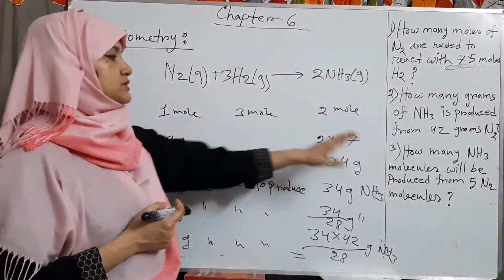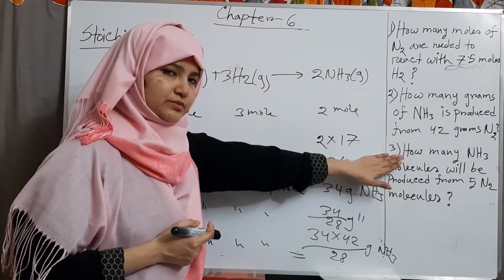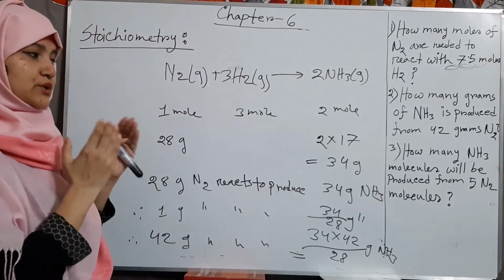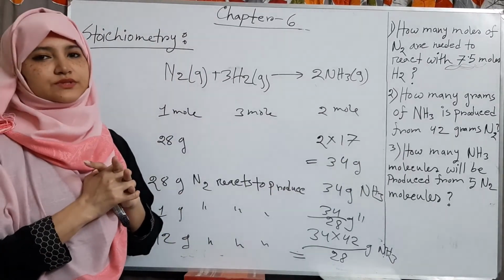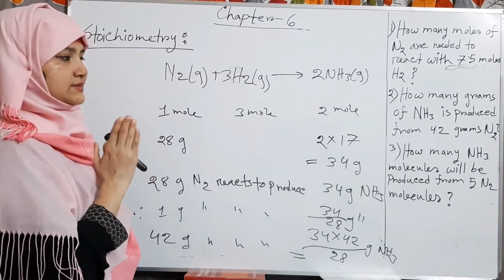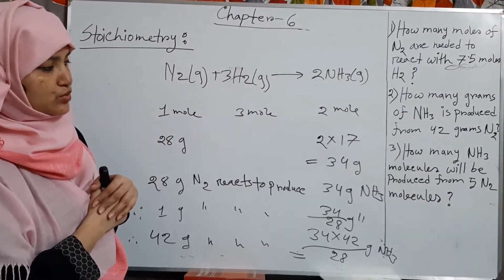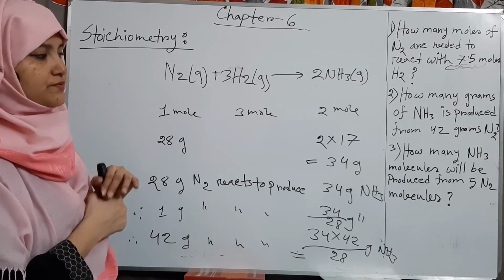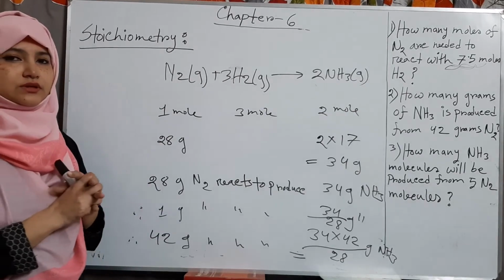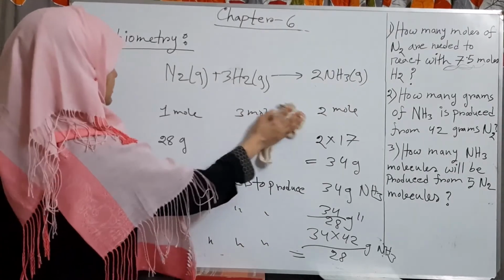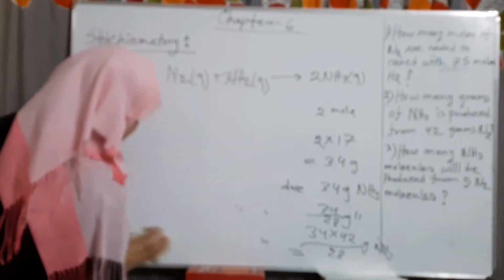Now the problem number 3. Now we have to calculate the number of molecules. How many ammonia molecules will be produced from 5 gram nitrogen? Here also we have to look at both sides.